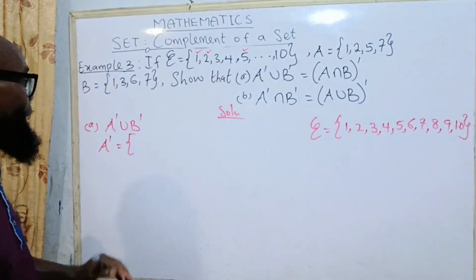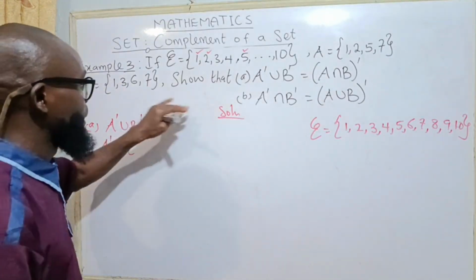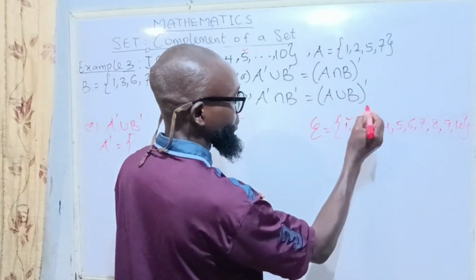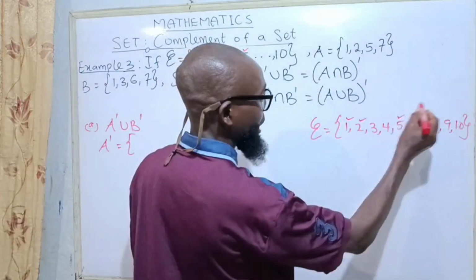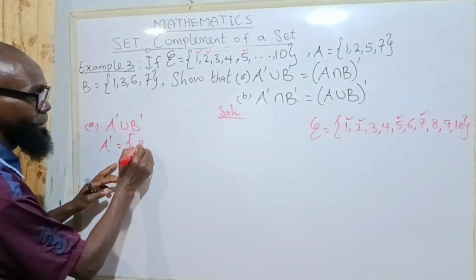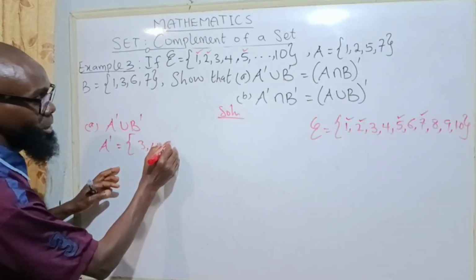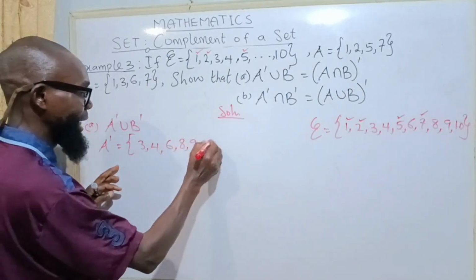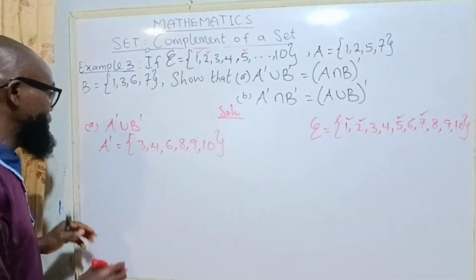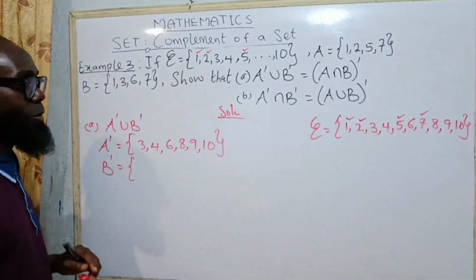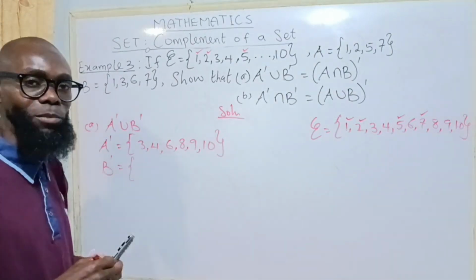So let us take away all the elements of A from here. We take away 1, 2, 5, and 7. So what remains there, we have 3, 4, 6, 8, 9, and 10. Now let us look at B complement. Let's take away elements of B from the universal set.